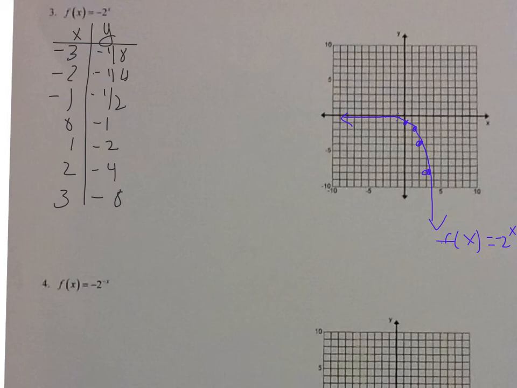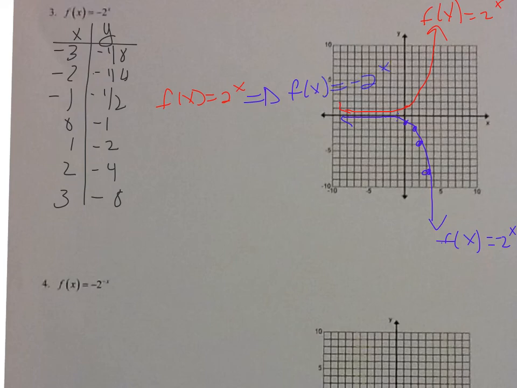Okay, so now let's put our f of x equals 2 to the x, what I started off with before, which looked like this. All right, so that was f of x equals 2 to the x power. Then I have f of x equals -2 to the x power.